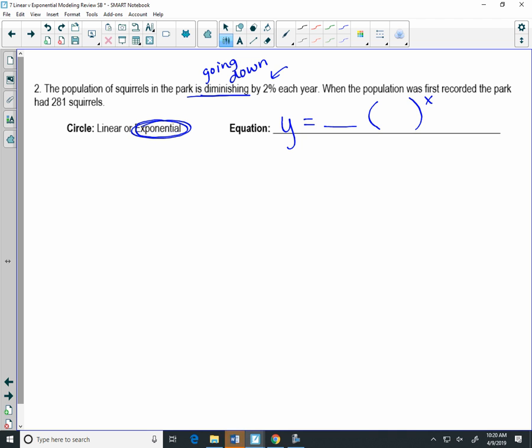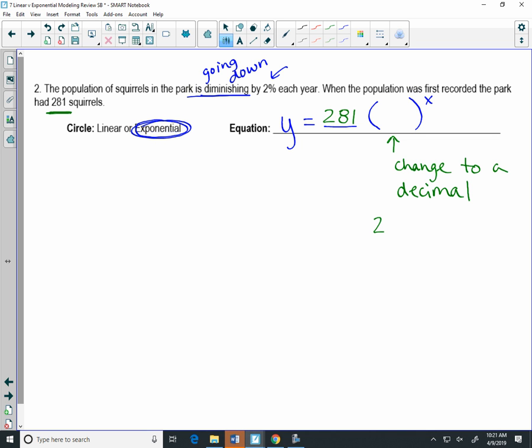Okay, I know how many squirrels I started with. We're starting with 281. Now remember, the number that goes in here can't be a percent. It has to be the decimal form of the percent. How to change that percent to a decimal. So here's my 2%.